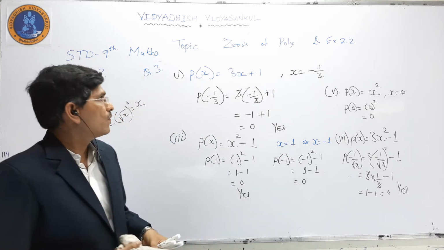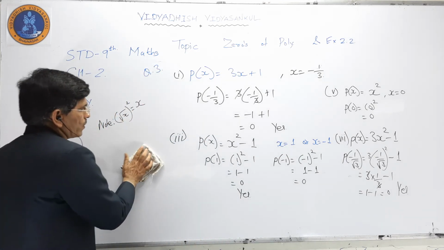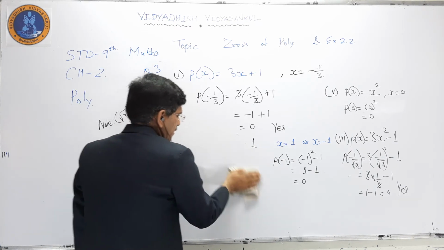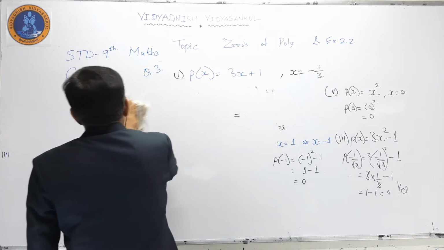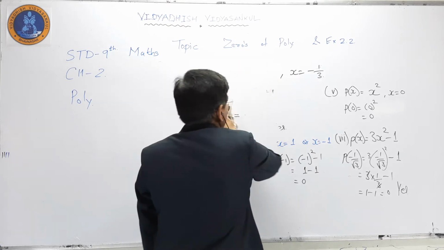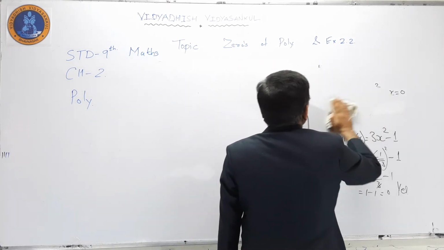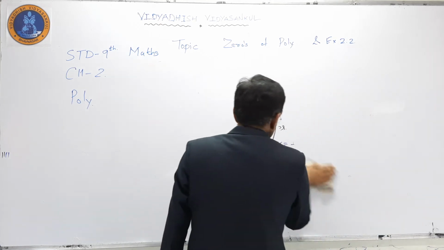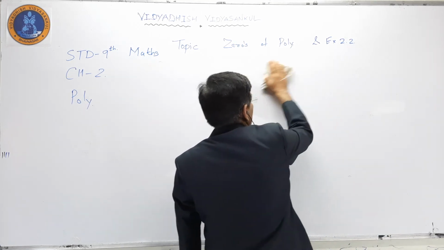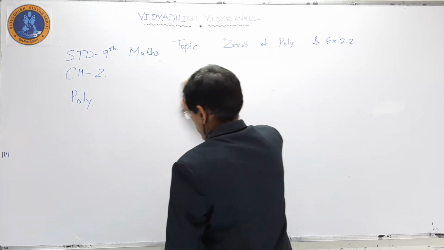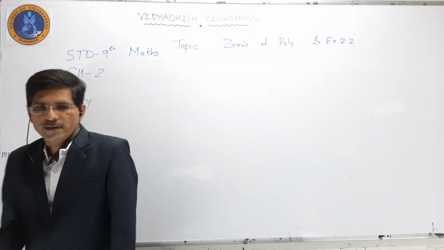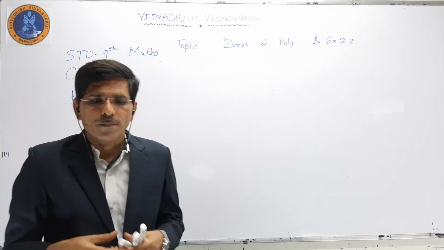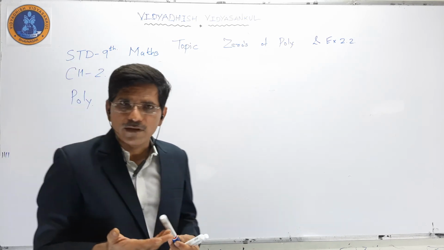Now for question number 4. Find zeros. Already we have discussed one example. The topic is, again, there are 7 sums.